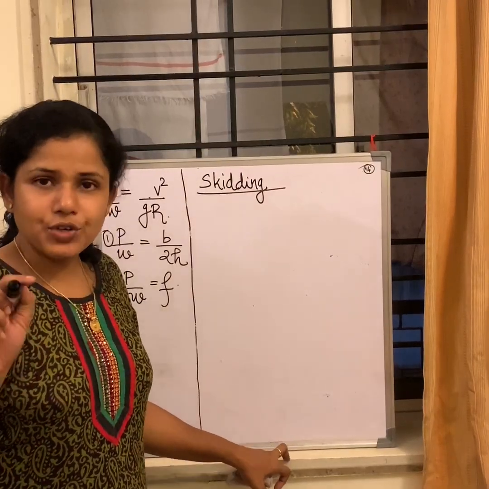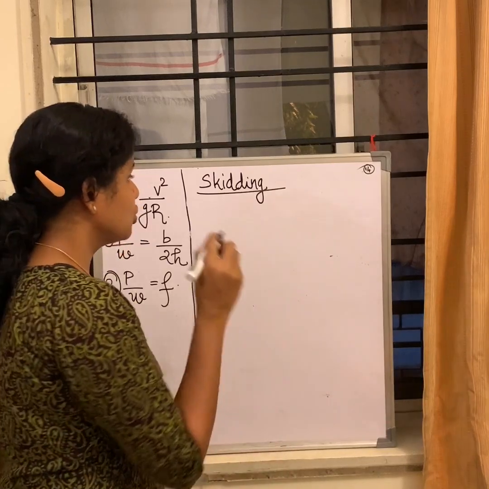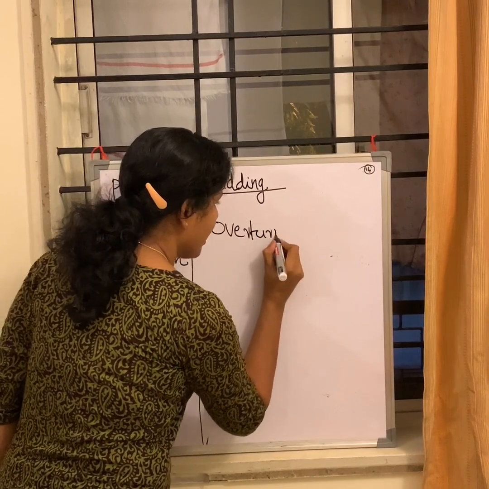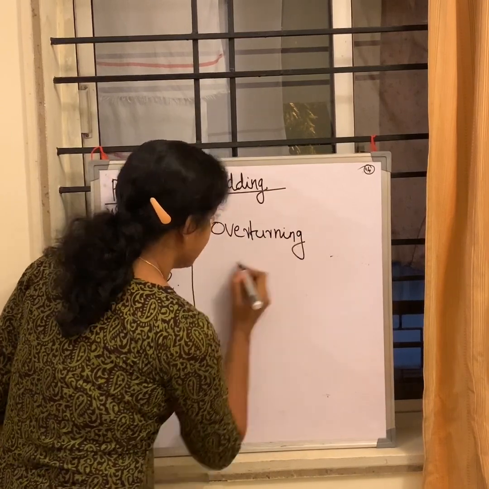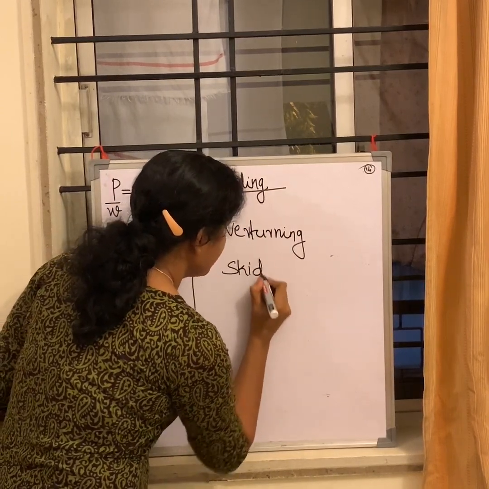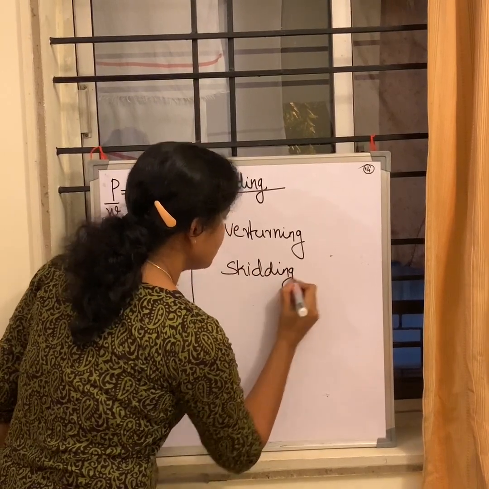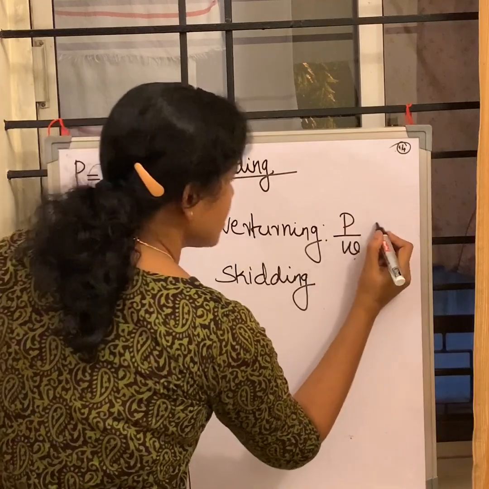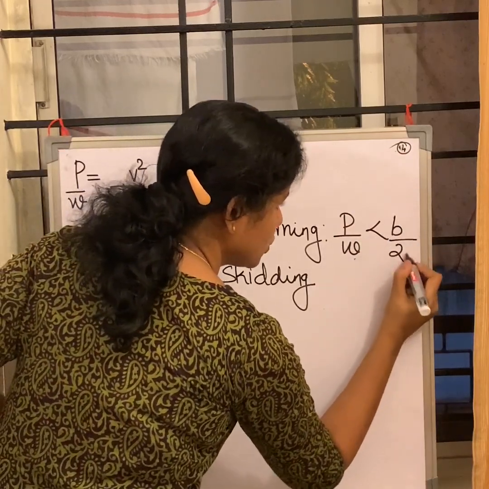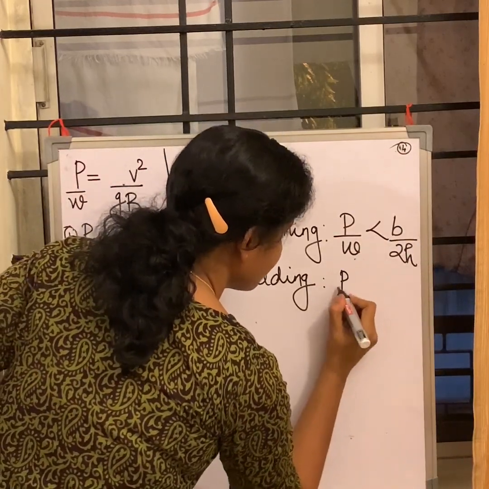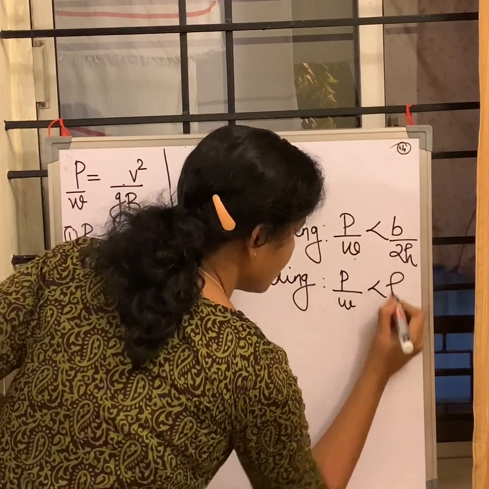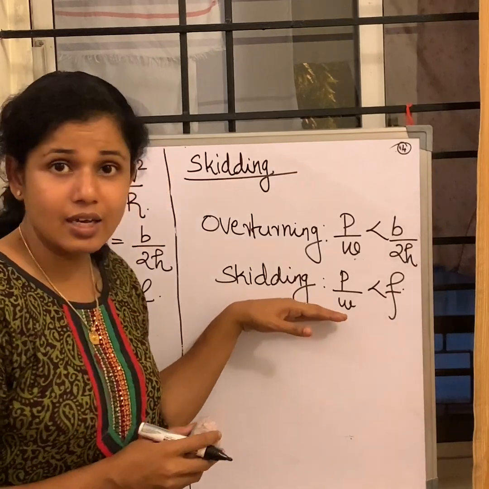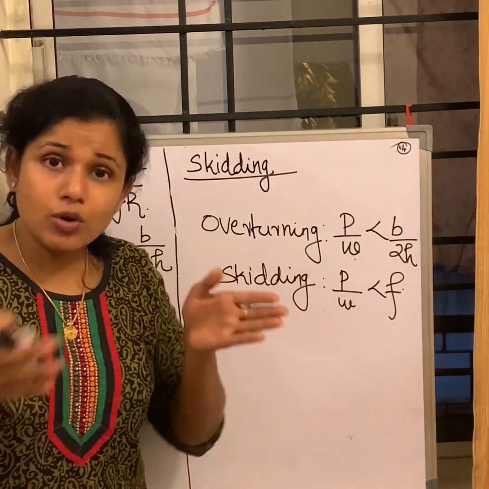So the lesson you learned here is that to avoid both overturning and skidding, you have to make sure that your centrifugal ratio P by W is less than B by 2H. And the centrifugal ratio P by W should also always be less than F. Another important factor I want to highlight is lateral skidding on a horizontal curve.